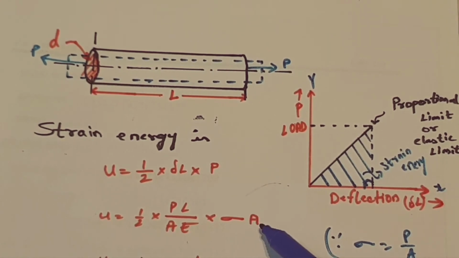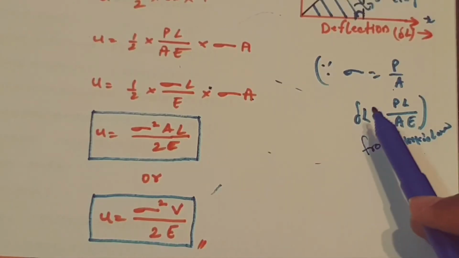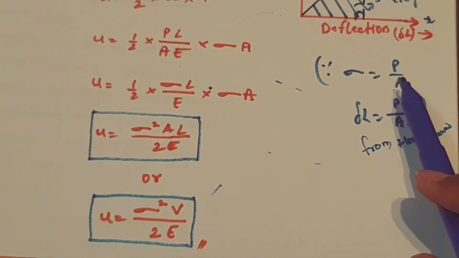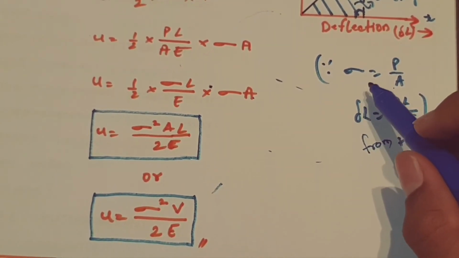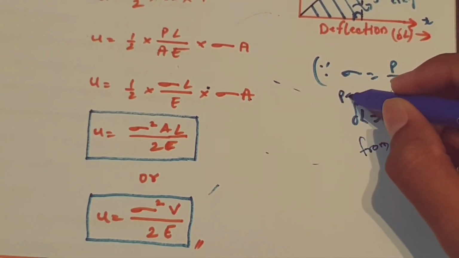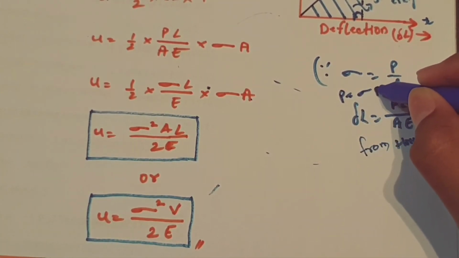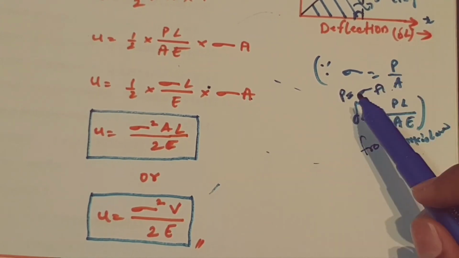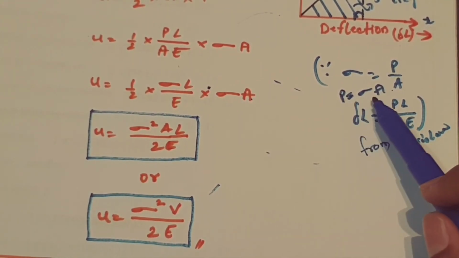Sigma is equal to P by A. As we know, stress is equal to P by A. Here we want P, so P is equal to sigma into A. So this is how we get the P value as sigma A.